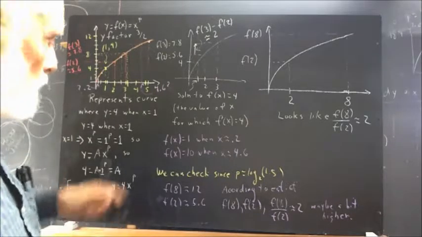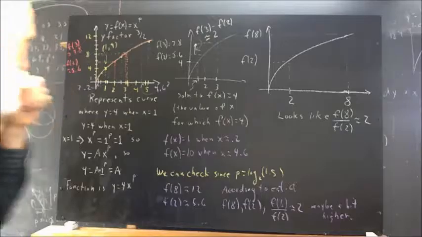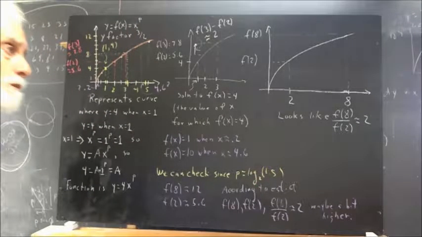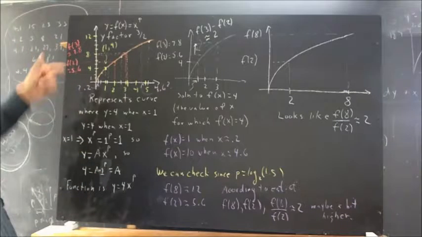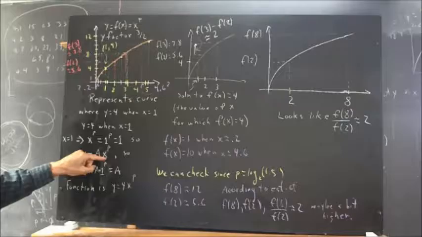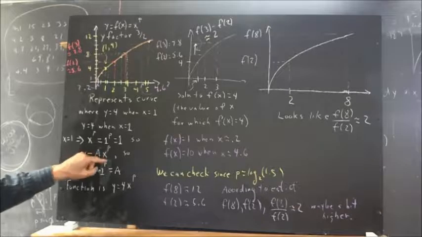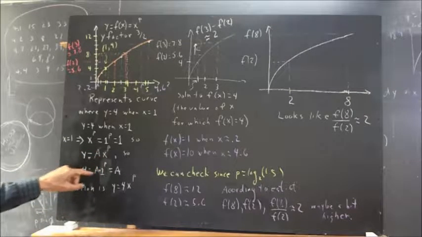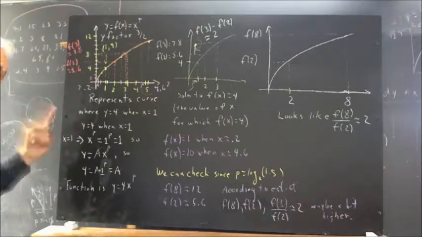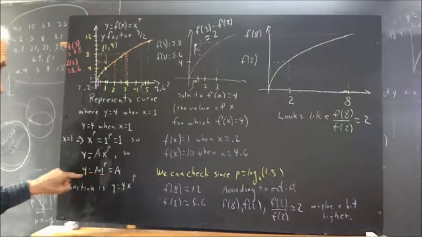Now, I'll comment. We know that p is log to the base 2 of 1.5. If the point 1, 4 lies on the graph, that means we have y equals a x to the p, where y is 4 when x equals 1. So 4 equals a multiplied by 1 to the p. 1 to the p for any power is 1. So that's just a, so a equals 4.